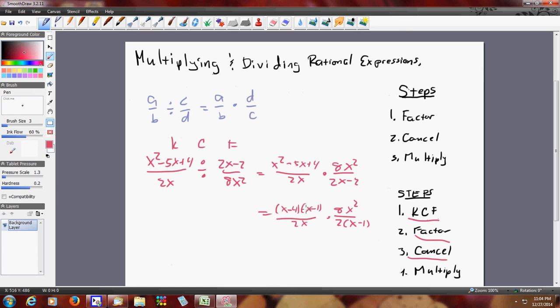Now I cancel x minus 1 and x minus 1. 2 goes into 8 4 times, but 2 goes into 4 twice. x goes into x squared x times. And so I'm left with nothing in my denominator, that all canceled out.